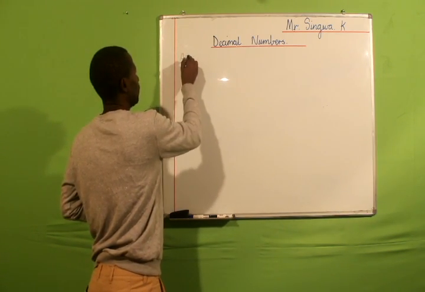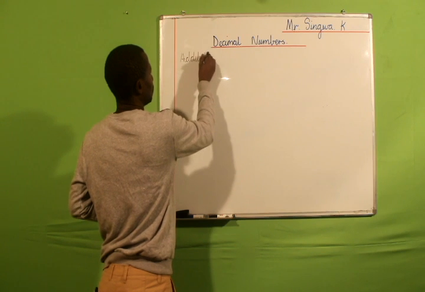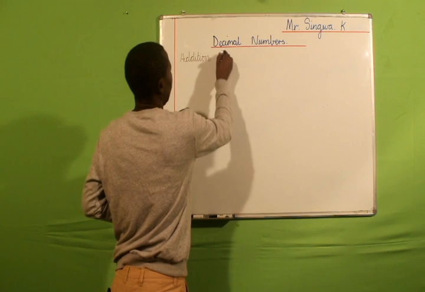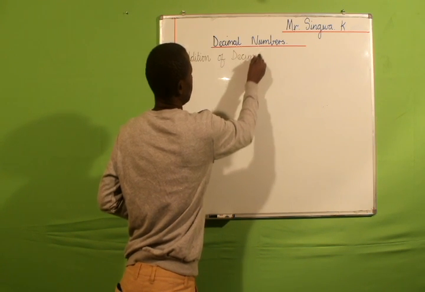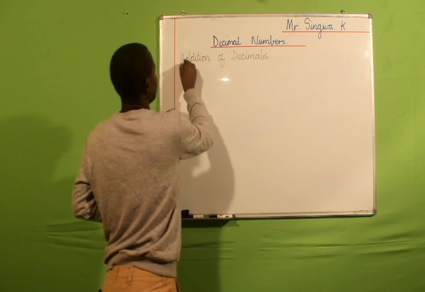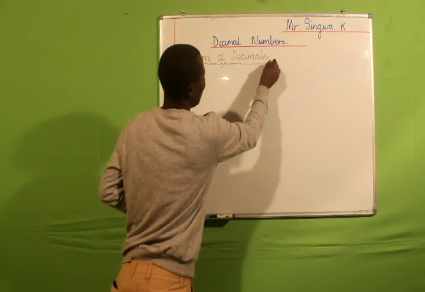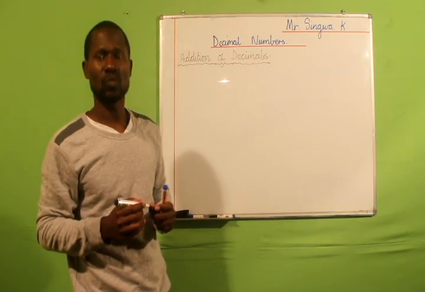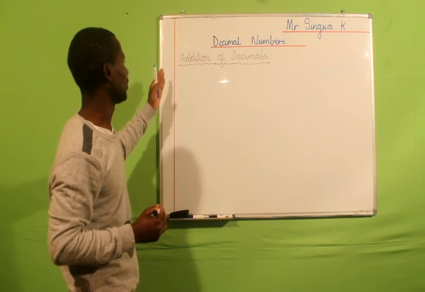Addition of decimals is amongst what we call the four operations.